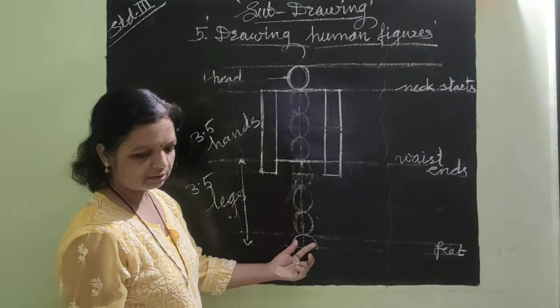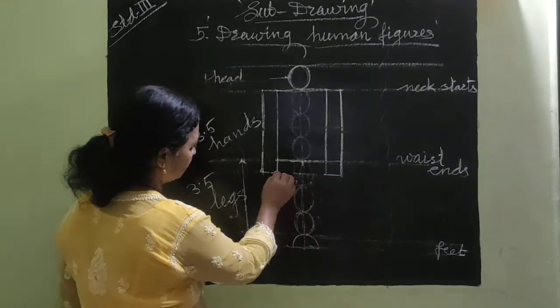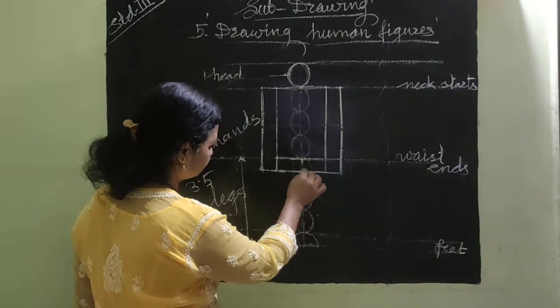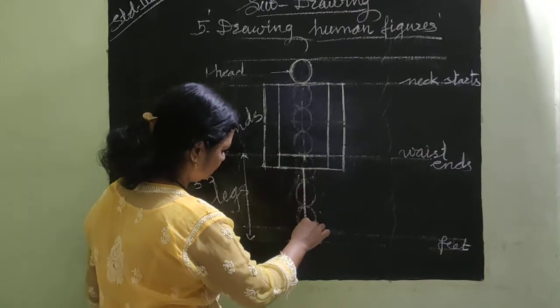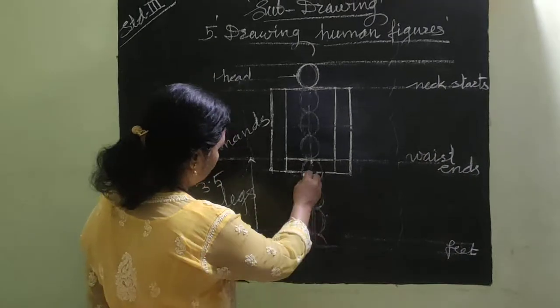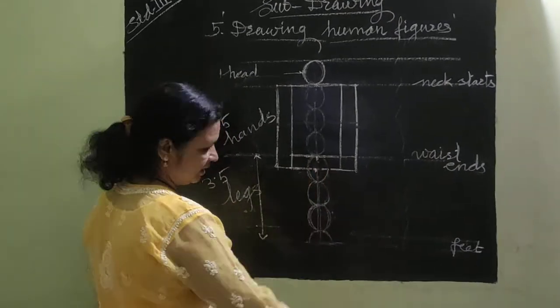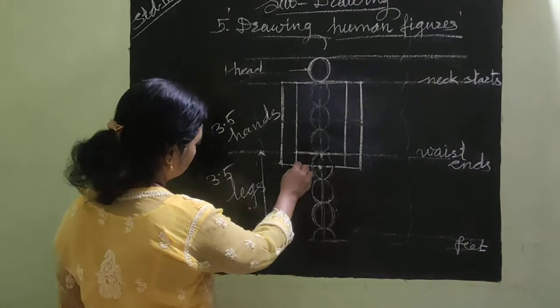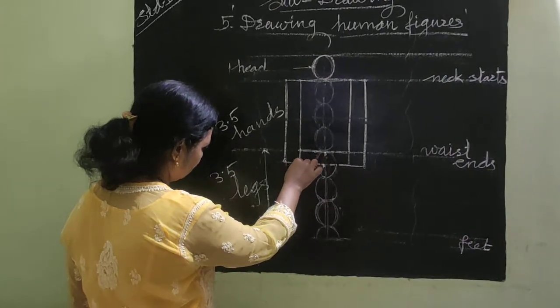So let's draw legs. Leg starts from this. Two legs we have to draw. So let's continue this line.